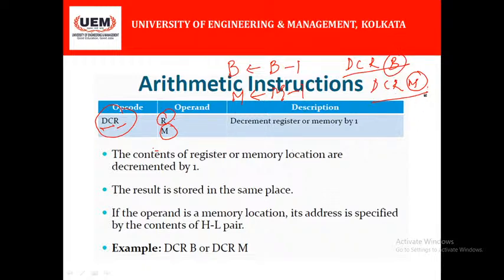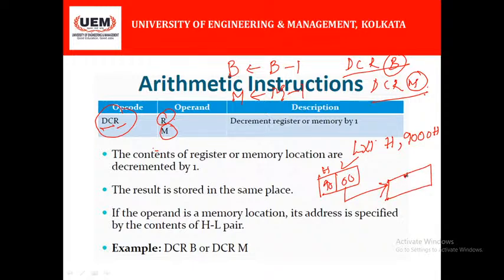But DCR M is a dependent instruction. So before executing DCR M, we have to initialize the value of M. Suppose the value of M is 9,000. So the HL register pair will be initialized with 9,000. H value is 90, L value is 00.